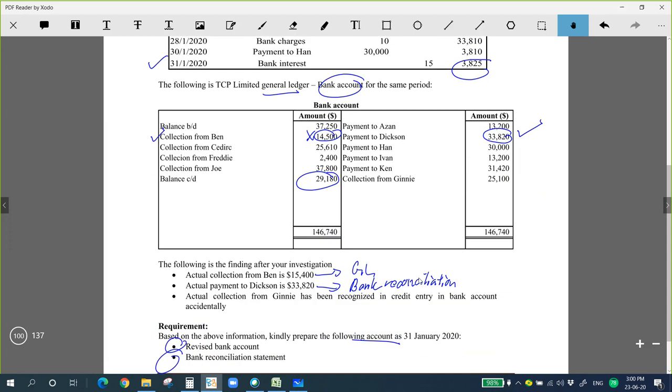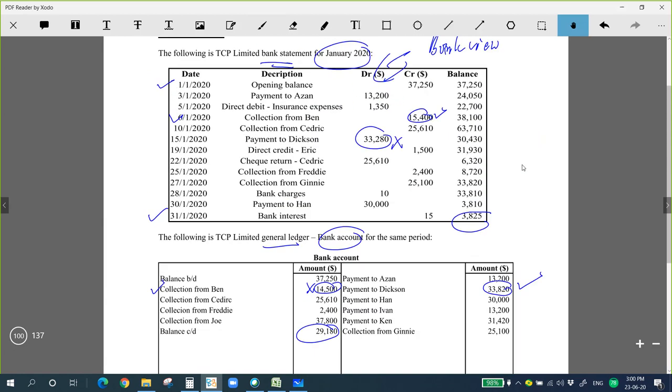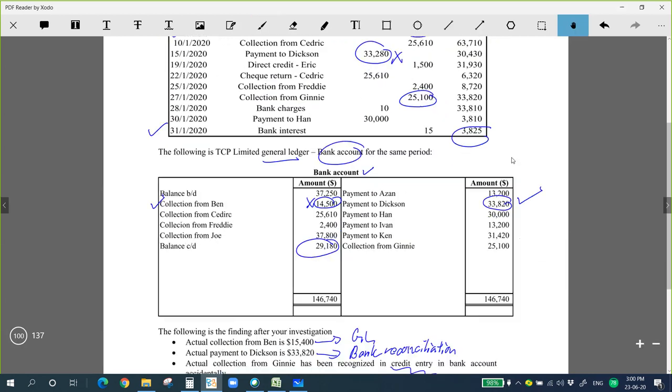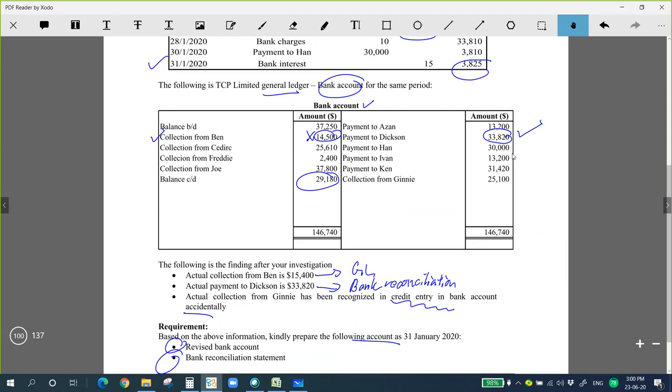Next one, actual collection from Genie has been recognized as a credit entry in the bank account accidentally. We know that when we receive money from a customer, we credit it in the bank statement and debit it in the ledger bank account. But this entry has been accidentally recorded as a payment, because the collection should be on the debit, right?